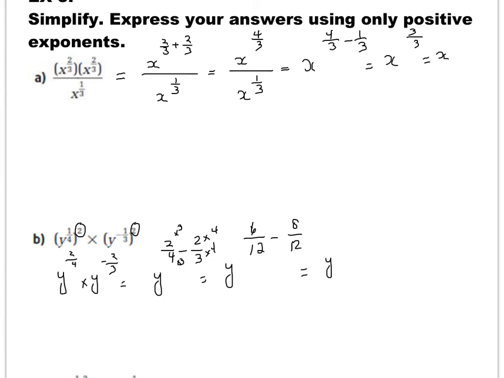So I'm going to get y exponent 6 minus 8, which is negative 2 over 12. And since we have to express it only in positive exponents, I'm going to flip this one and write it as y exponent 2 over 12, which is the same as y exponent 1 over 6.